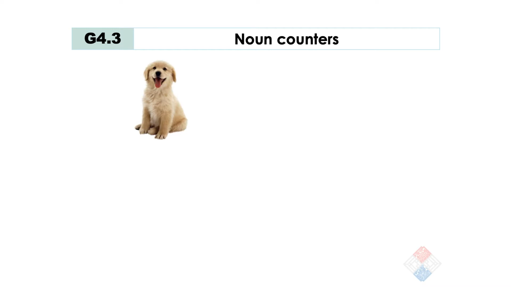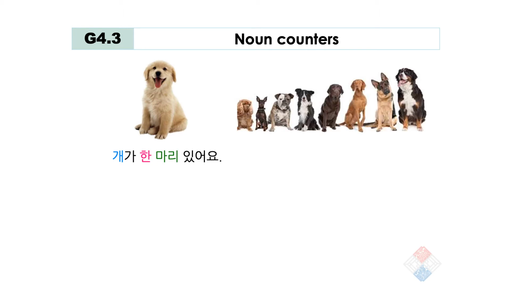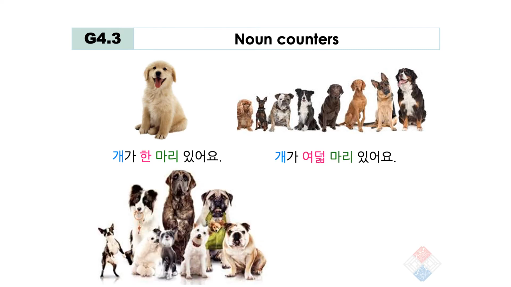For animals, you should use 마리. 개가 한 마리 있어요. 개가 몇 마리 있어요? 개가 8마리 있어요. 개가 몇 마리 있어요? 개가 9마리 있어요.